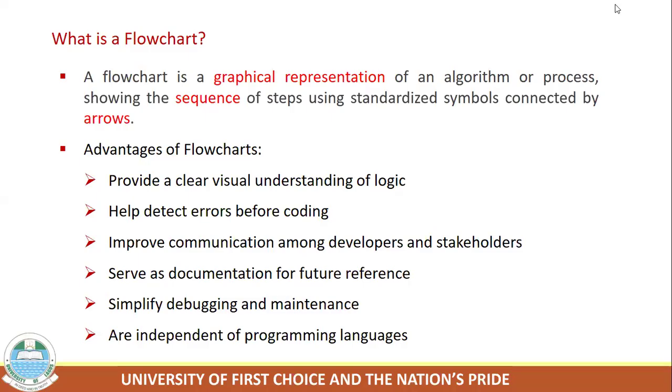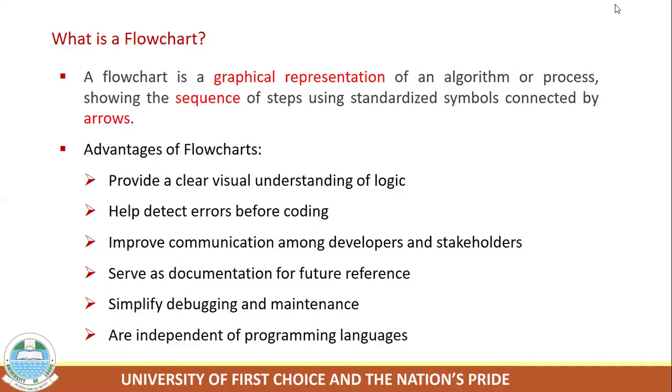All right. So in essence, what is a flowchart? A flowchart is a graphical representation. A graphical, you can see it, you can visualize it. It's a graphical representation of an algorithm or a process showing the sequence, how it flows.